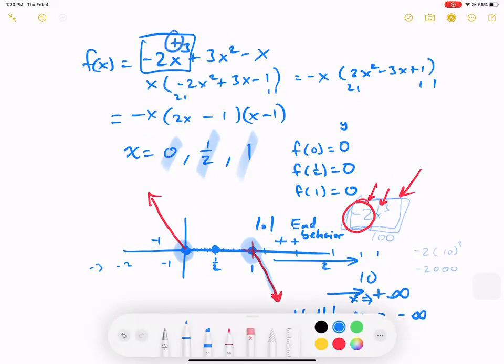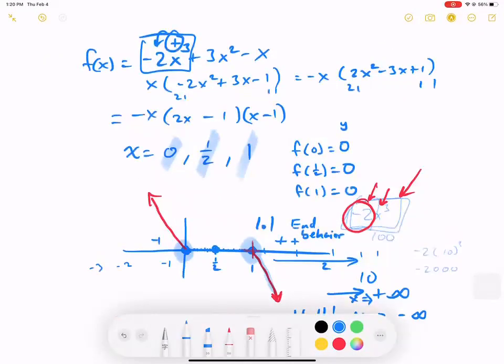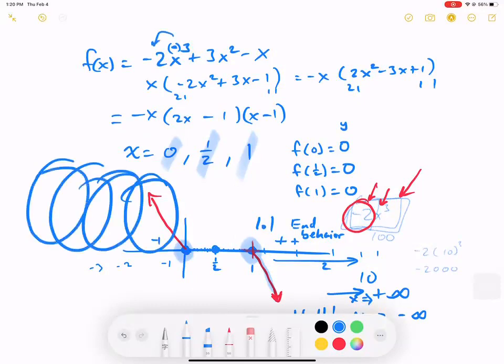Now, what's that positive number times a negative? We know for sure that's going to be a negative. On the other side, we're going to do this a couple times so you can see the pattern. What if I plug in a negative number? What's a negative cubed? Negative, negative, negative is still negative. And we multiply this by a negative, which means all these numbers on the left side will be positive forever.